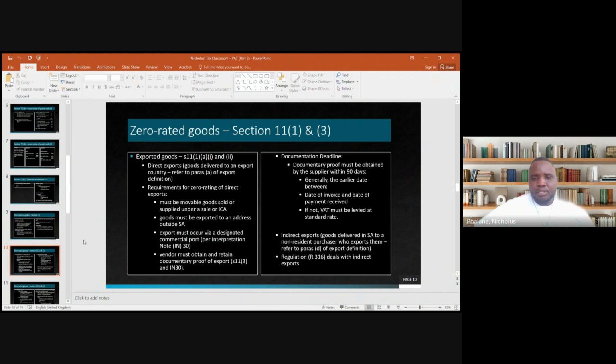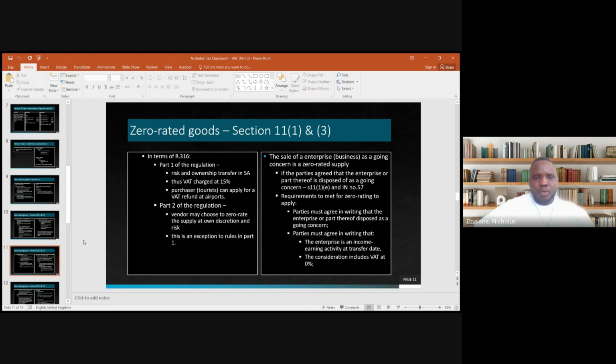Regulation 316 deals with indirect exports, right? In terms of this regulation, part one says that the risk and ownership transfer is in SA, right? Thus, we charge VAT at 15%. So you're not zero rating. Then the purchaser, who's essentially a tourist, can apply for a VAT refund at the airports, right? But when you go to part two of the regulation, it says that the vendor may choose to zero rate the supply at own risk and discretion.